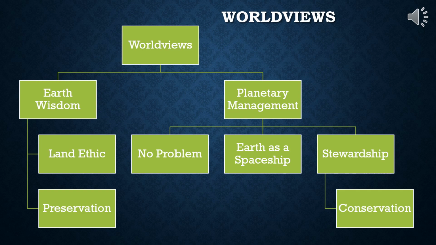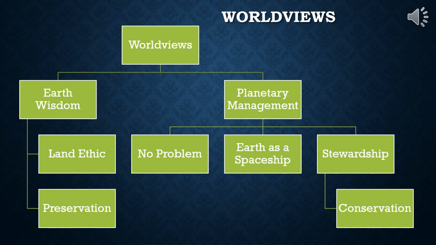Underneath each of these big categories, there are actually some sub-ideas or sub-schools. Let's go back to Earth wisdom and talk about the pieces that are attached to that. Earth wisdom typically works under two ideas. The first of them is the idea of land ethic. Land ethic comes from the book Sand County Almanac by Aldo Leopold.